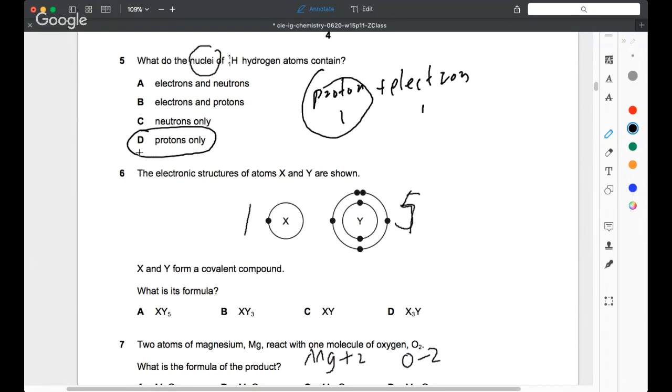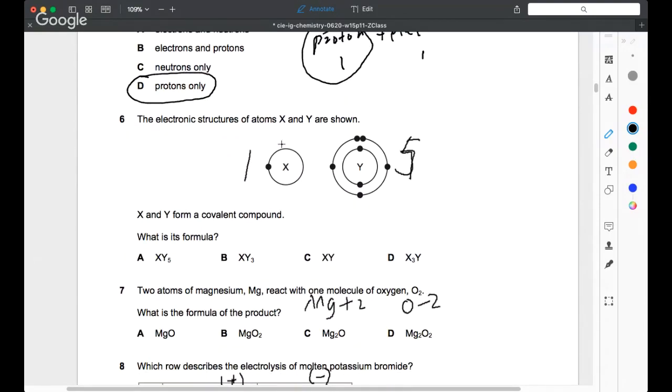Okay, so question 6. As we can see, there is 1 electron in the outer shell of X and 5 electrons in the outer shell of Y, and because they are covalently bonded, in a covalent compound, you should reach a full outer shell of 8 for each of the elements.